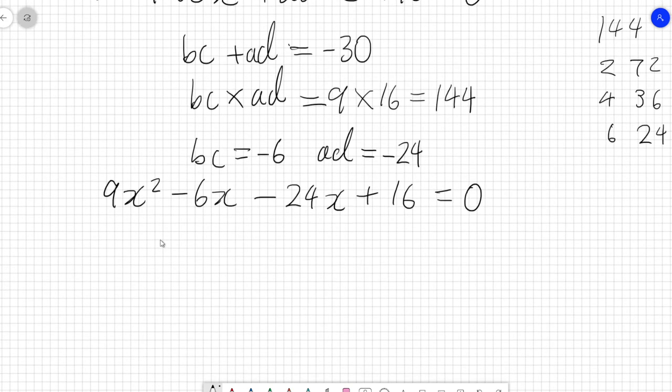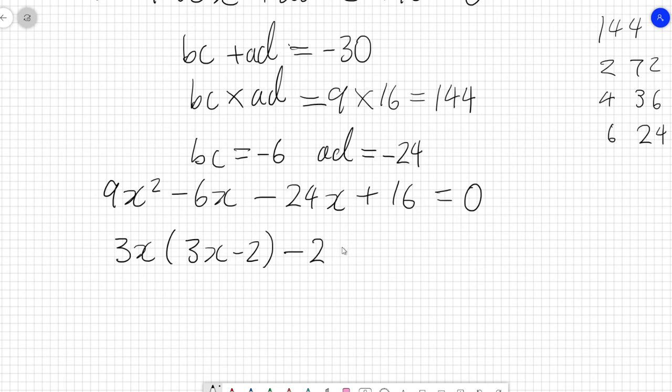And what do we have? The highest common factor of the first two terms will be 3x, because we have 3x minus 2 left. For the next two, when you see a negative, generally try to factor out a negative number. So there will be negative 8, because that's the highest common factor between 24 and 16.